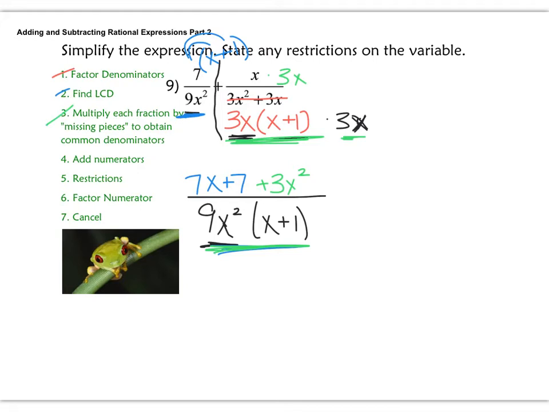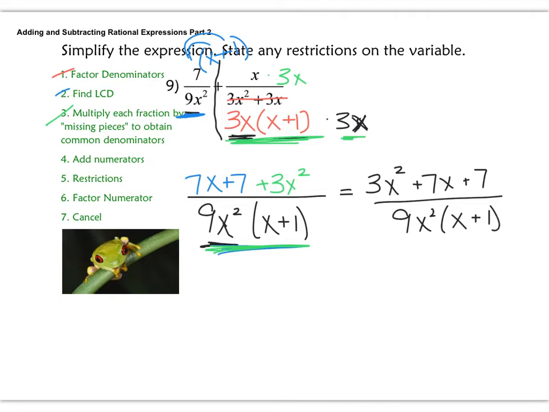All right, step 4, add your numerator. And I don't see any like terms on top there, but I will put it in the right order. 3x squared plus 7x plus 7 over 9x squared and x plus 1. Step 5, my restrictions.